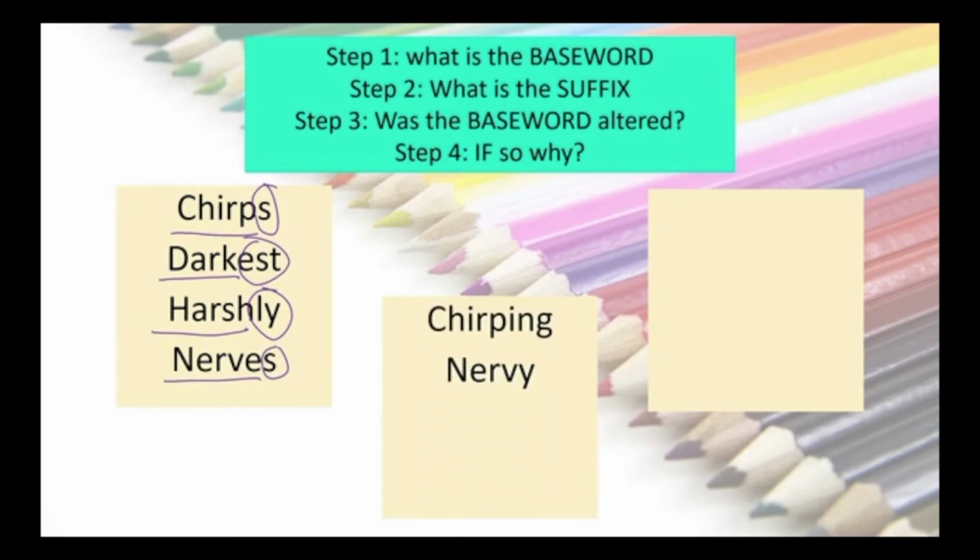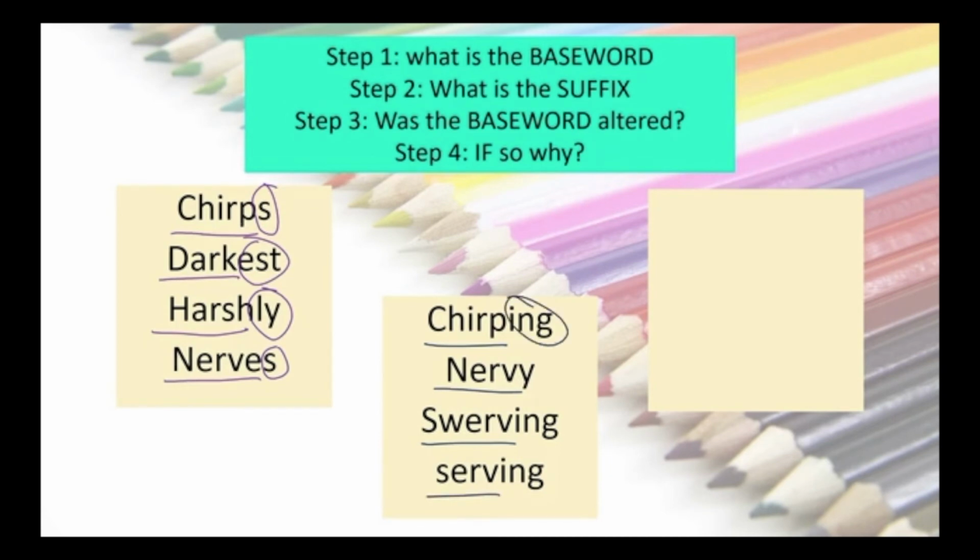For the next set of words, we are going to notice some change in our base words. So we're going to look at these words a little bit more closely. Let's look at chirp, nerve, swerve, and serve. They are almost all missing something. Chirping is very similar to chirps. Even with the ing, it's like the word dark. It has an RP, so it is not going to change. It stays the same. But as you look at the other three, there is a change that happens.